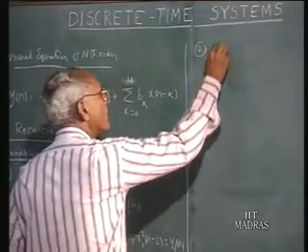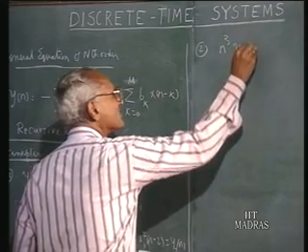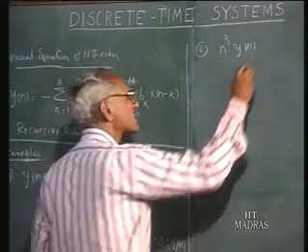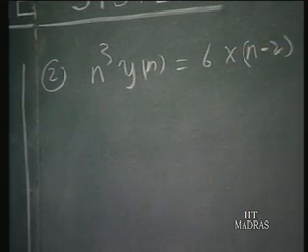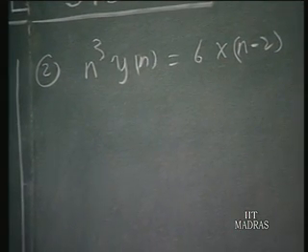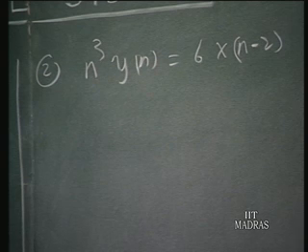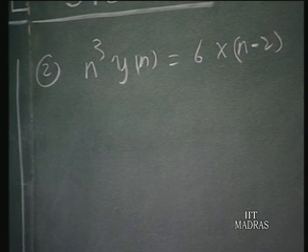Second example. We have n cubed y[n] equals 6x[n minus 2]. Now, no doubt y[n] and x[n] don't have square terms or cube terms, so this appears to be linear, but then the coefficient of y[n] is n cubed instead of a constant. Therefore, we expect that this is not a time invariant system.